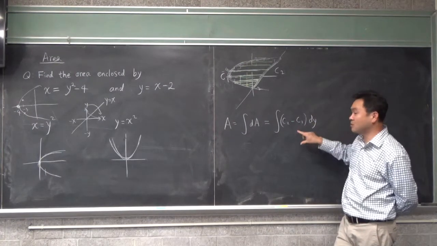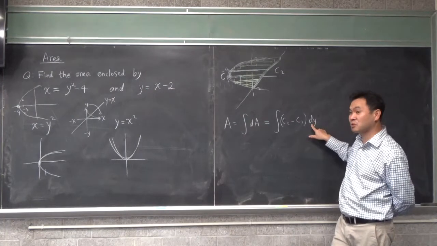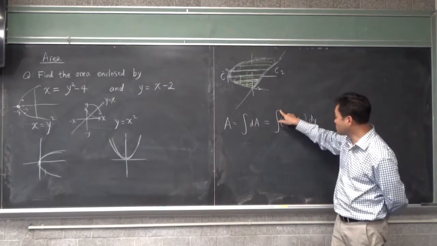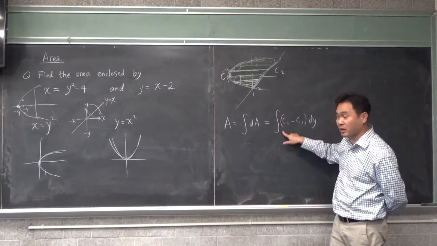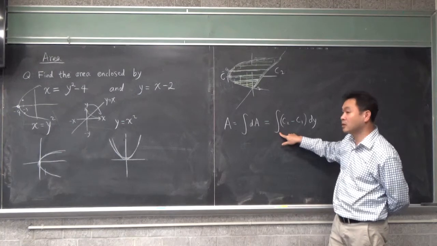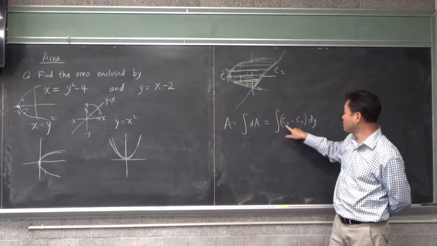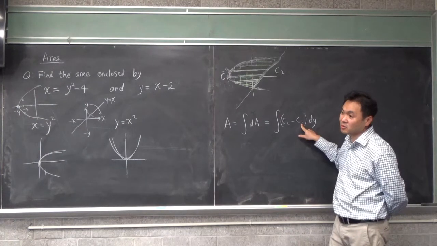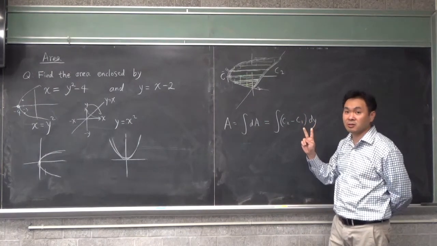If I put dy, what are the implications of that? The range must be y. The bounds must be y values, right? What else? C2 and C1 must be functions of y. Those are the two implications. Okay?